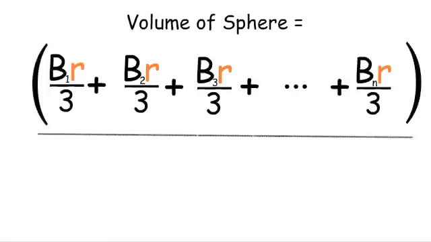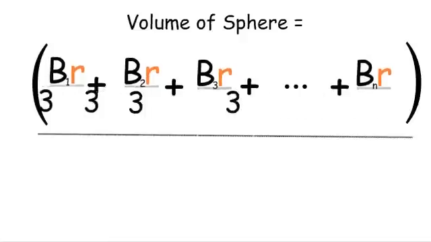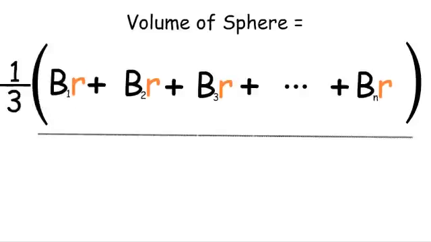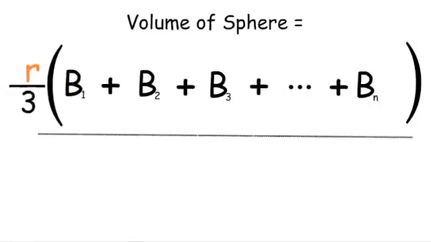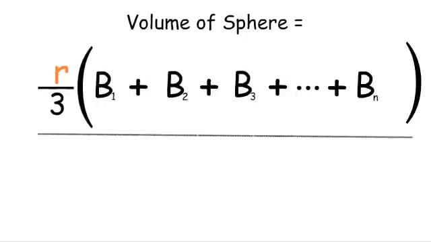So next we will use algebra and begin by factoring out a 1/3, and we will also factor out the radius, giving us r over 3 times the sum of all bases.